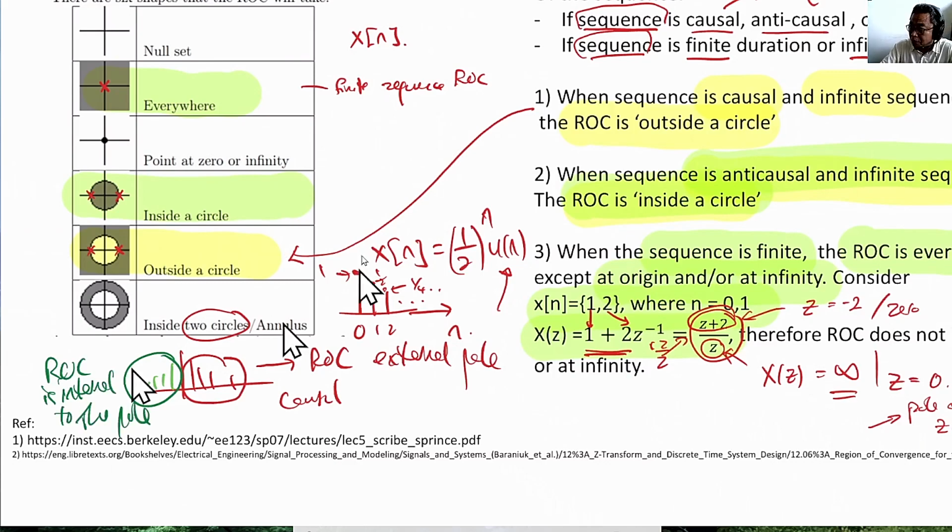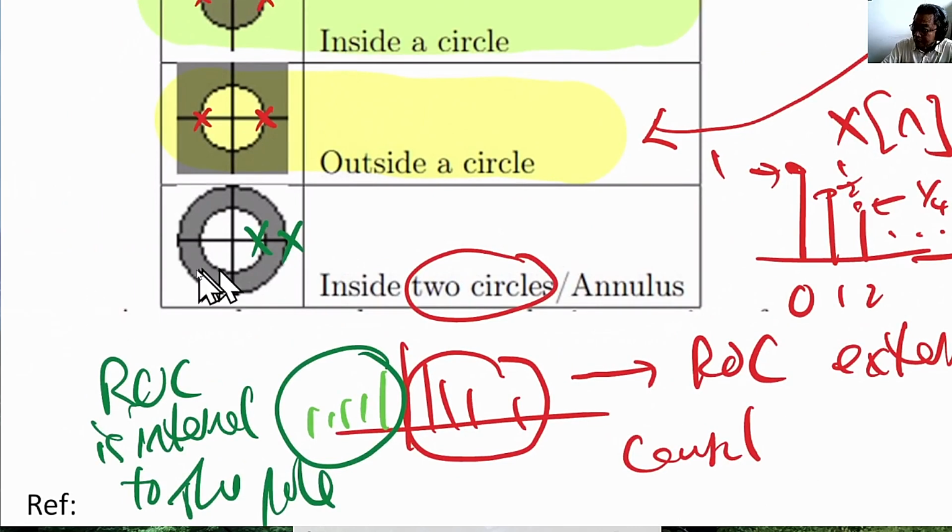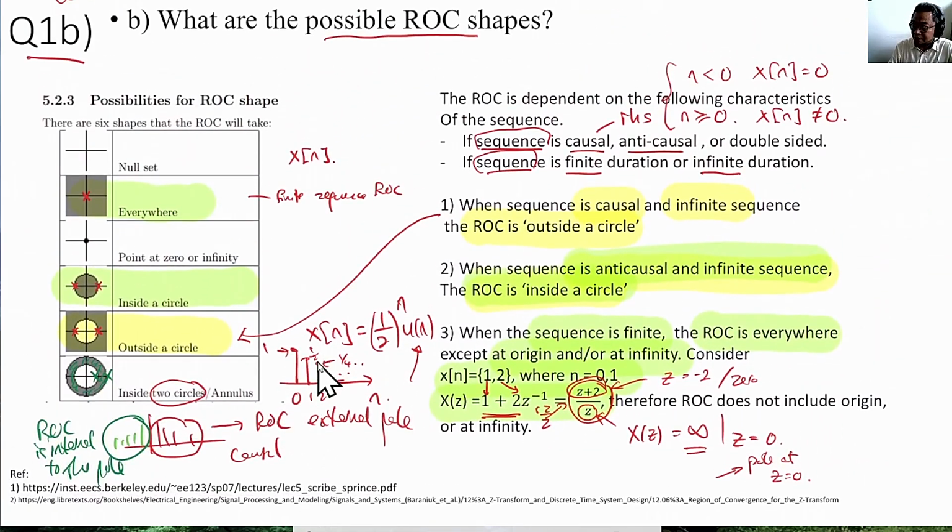If one of these 2 poles is here and one is outside, it allows the regions of convergence to intersect with each other, forming this annulus ring, and therefore the Z transform exists. If the intersection is an empty set, then the Z transform does not exist. This is a summary of the ROC. Thank you.